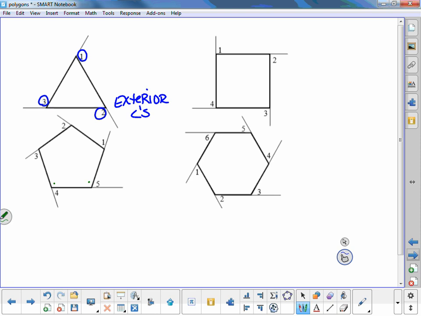These angles that I'm putting green dots are called interior angles because they're on the inside, which means they add up to 180 degrees.